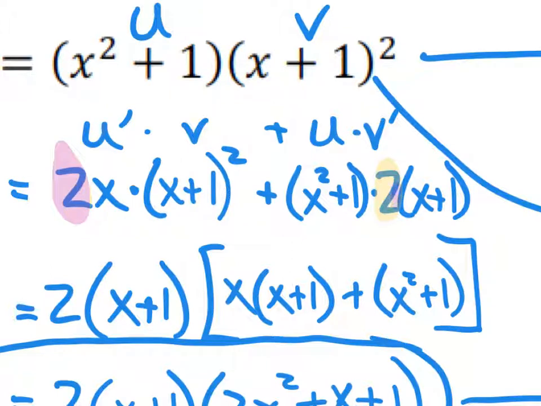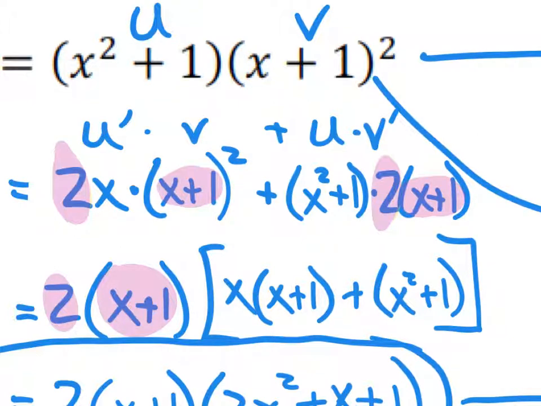So they both have a 2 in common, and they both have an x plus 1 in common. Now the first half happens to have 2 of them. That's why there's one left over in the parentheses here. But I took out the 2 and the x plus 1 right there. Yeah. Okay? Thank you. Sorry, I was just a little confused.